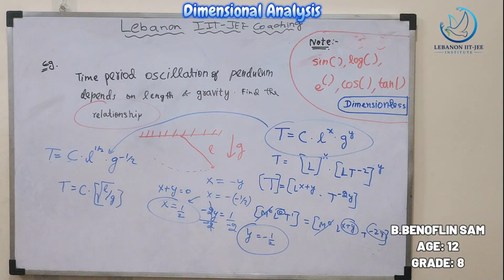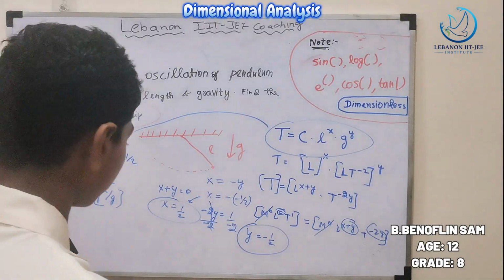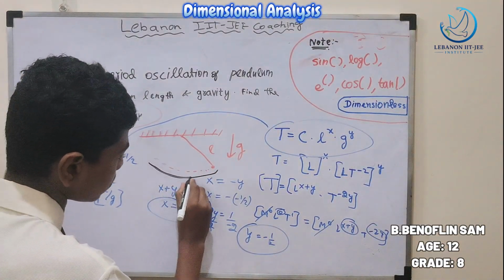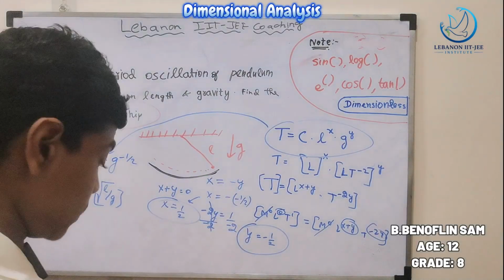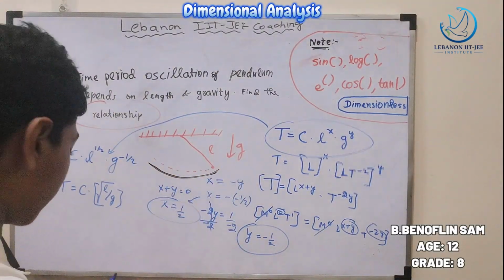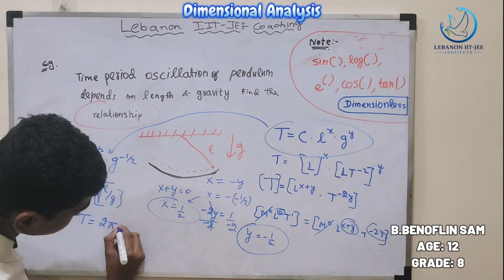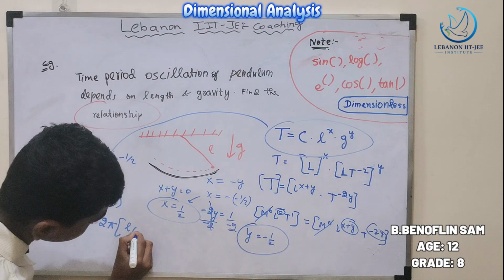But you have to find the constant. The constant is for a pendulum going like this, so it's 2 pi. So T is equal to 2 pi root of L by g.